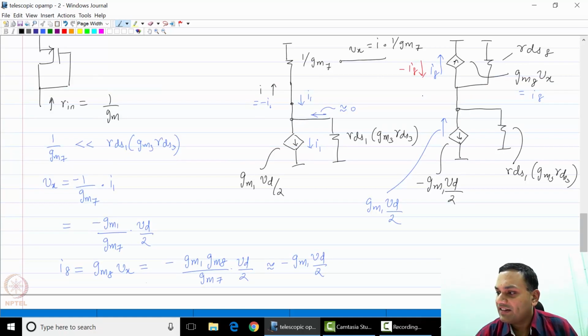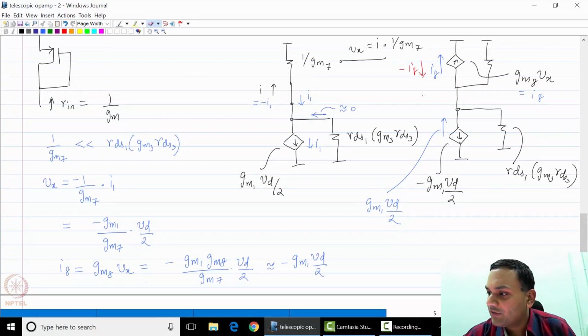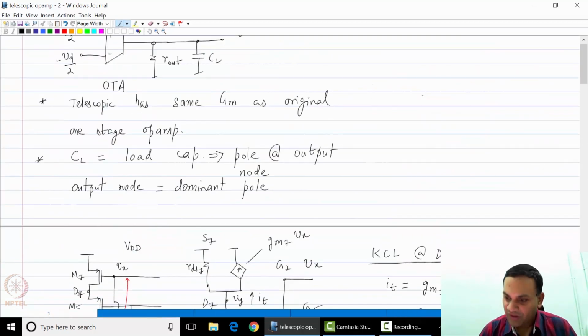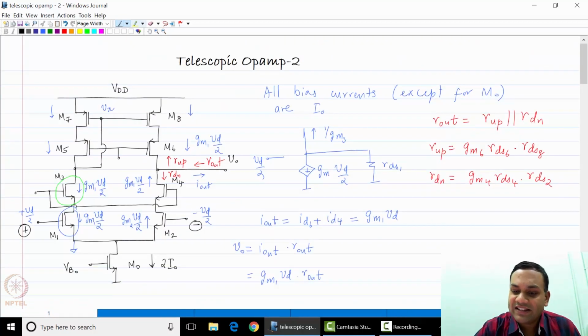Now what resistance do they flow through? Please note that this resistance of course is not just RDS8. This is RDS8 in parallel with the cascode resistance looking upwards, which is gm6 RDS6 times RDS8.